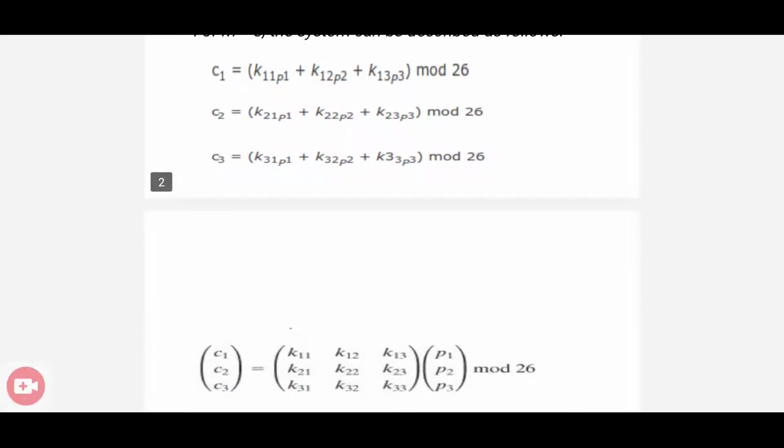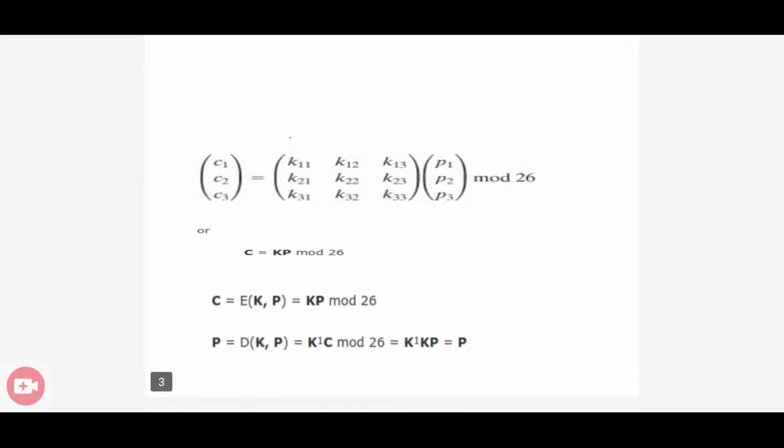Clear? So the system can be described as follows. C1, C2, C3 is a 3 by 1 matrix. It can be formed from a 3 by 3 matrix times a 3 by 1 matrix mod 26. That means C is equal to KP mod 26.